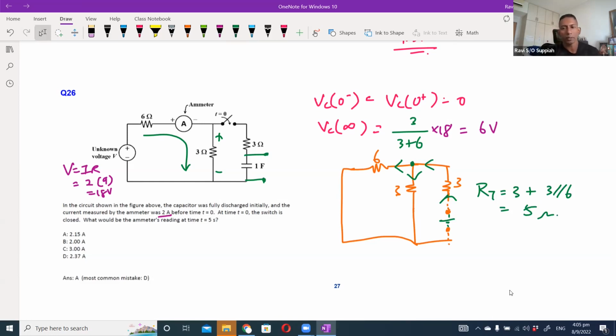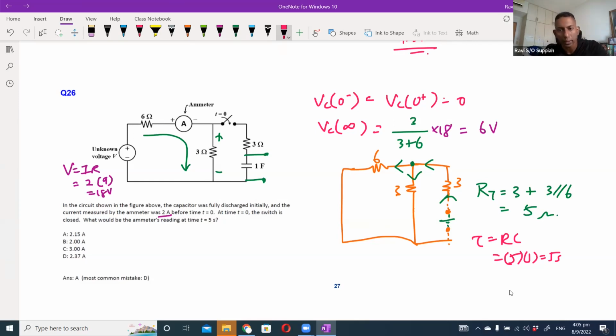Once you have found this, you can calculate your time constant tau, which is RC. In this case it's 5 times 1, which will be 5 seconds. Now to find the voltage across the capacitor, you also need to find the complete Thevenin's equivalent circuit.